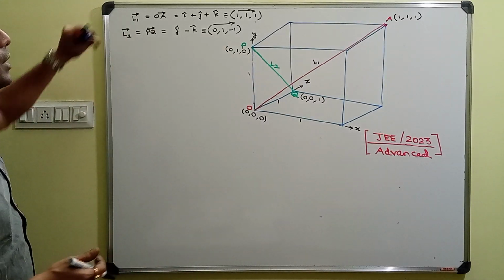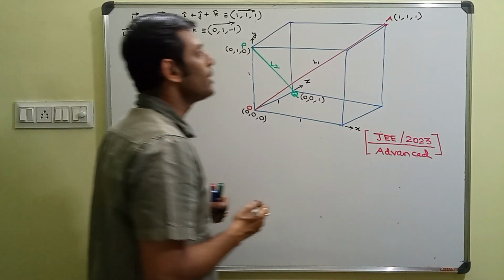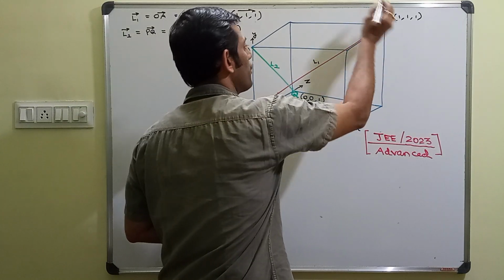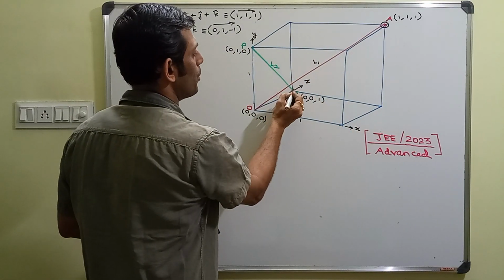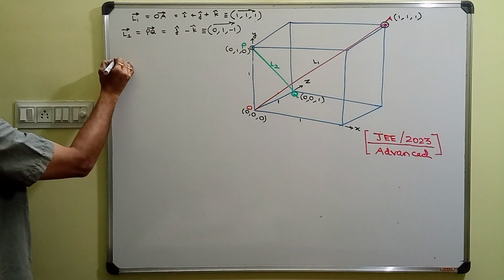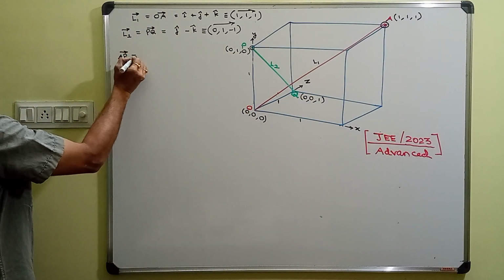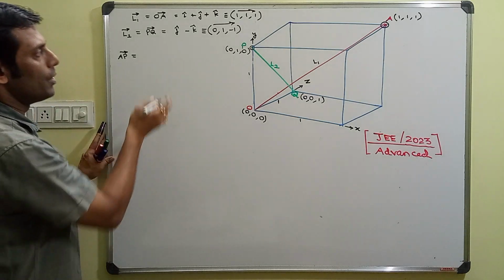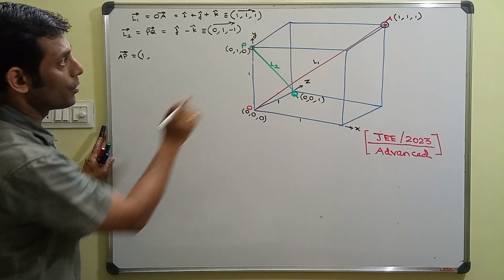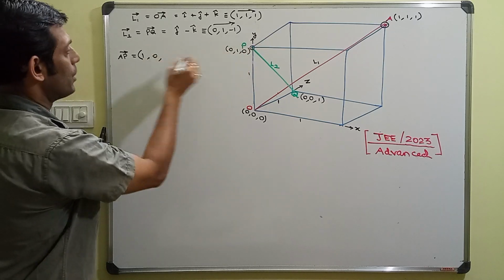Now I have both the lines, and let's say we consider line L1 passing through a particular point A, and line L2 passing through a particular point P. So therefore I will define a vector AP as well, and vector AP will be 1, 0 and 1.